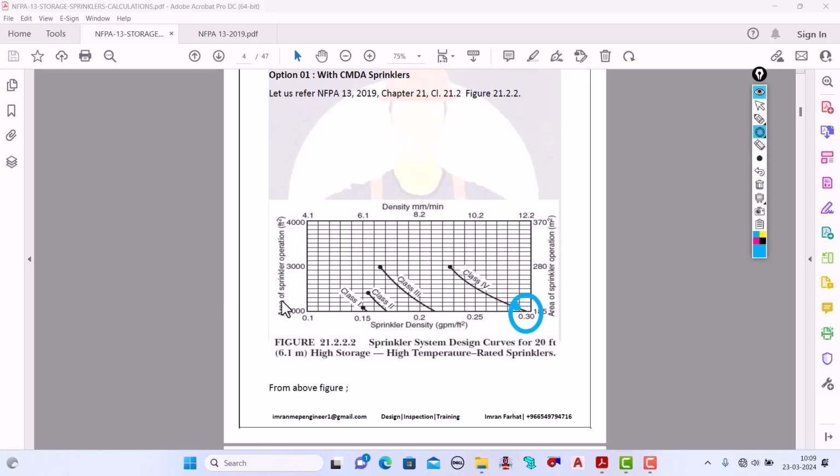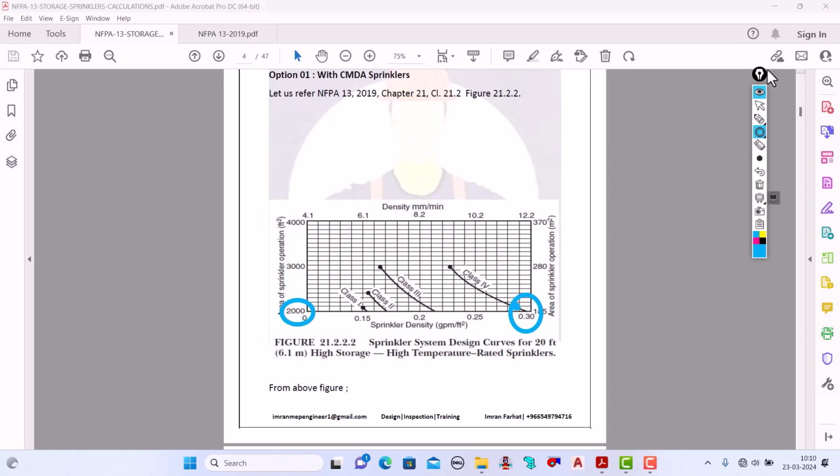And the area of sprinkler operation will be 2000 square feet, right? It's clear, there is no doubt. With the help of this figure, we can easily select. Firstly, we determine the class, and according to the class we can determine the sprinkler density and the area of operation. So we only have to design 2000 square feet, right?